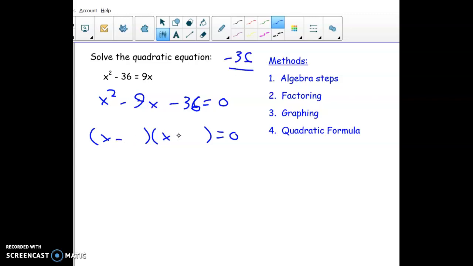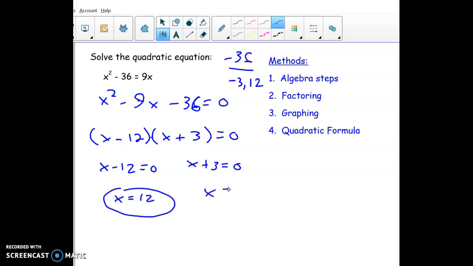So I know I'm going to need one negative, one positive. Let's see, there's negative 3 and 12. I think that'll work, I just have to reverse them. It's got to be the 12 negative and the 3 positive. Now we're pretty much done. Now that we have it factored apart, set each factor to 0, and we'll get our two answers of positive 12 and negative 3.